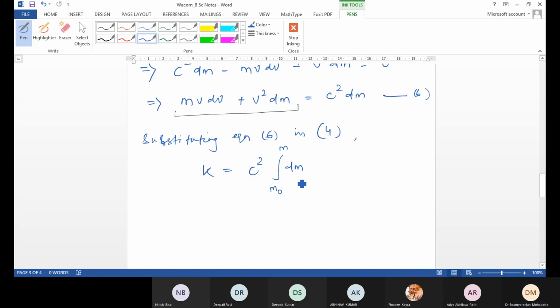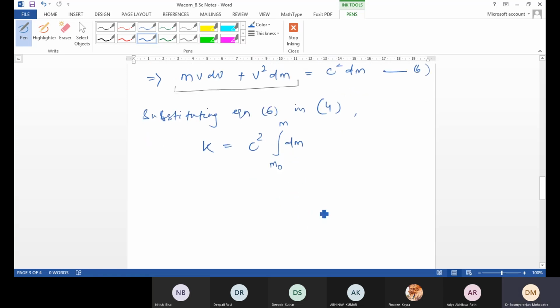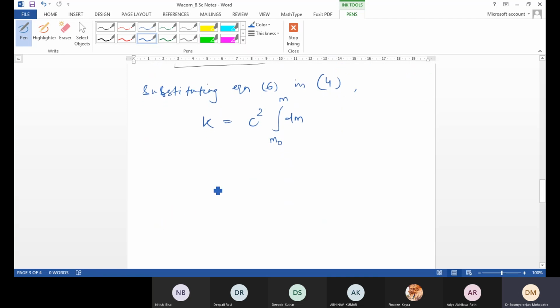This is important, understanding the limit. It will be helpful for doing numericals in your exam. So now K is equal to m minus m naught, times c square, upper limit minus lower limit. So this is m c square minus m naught c square.